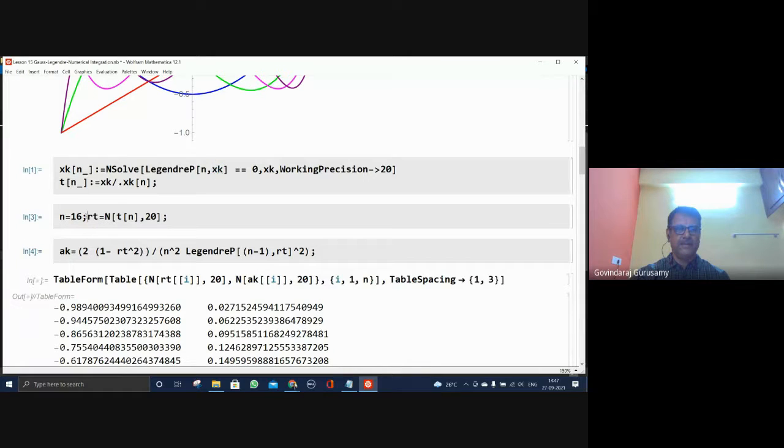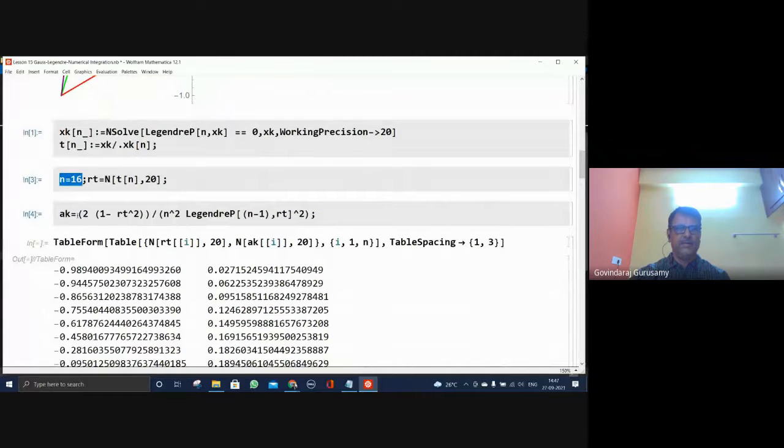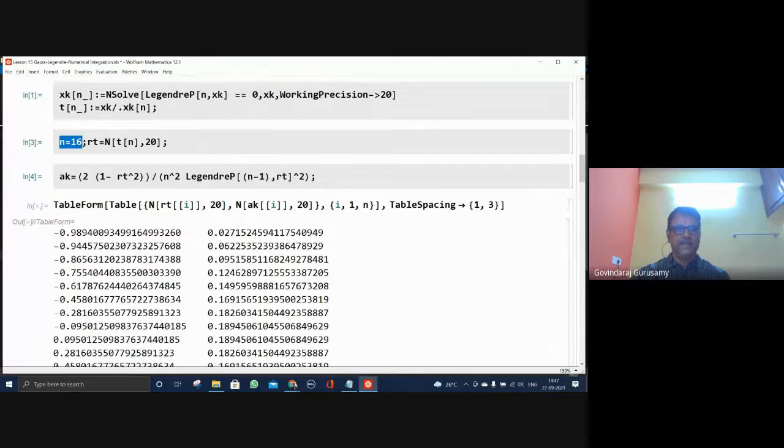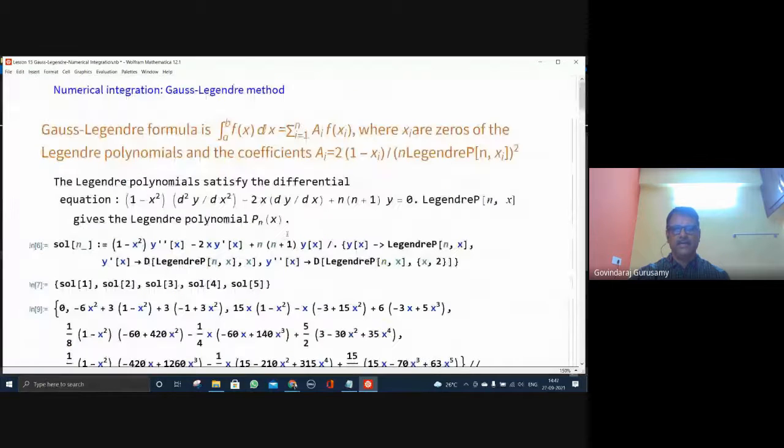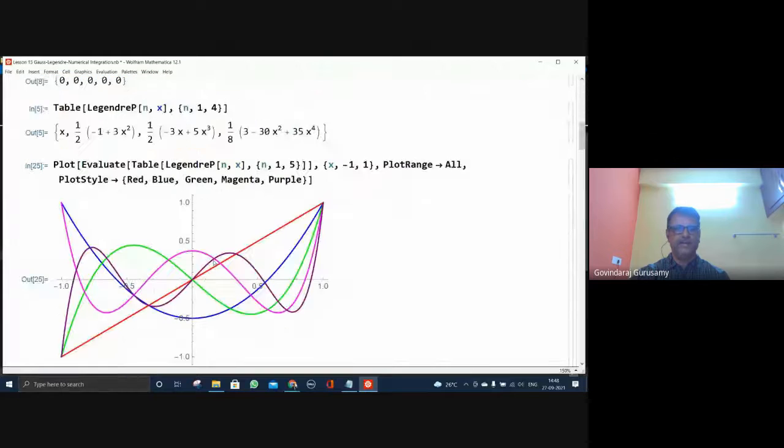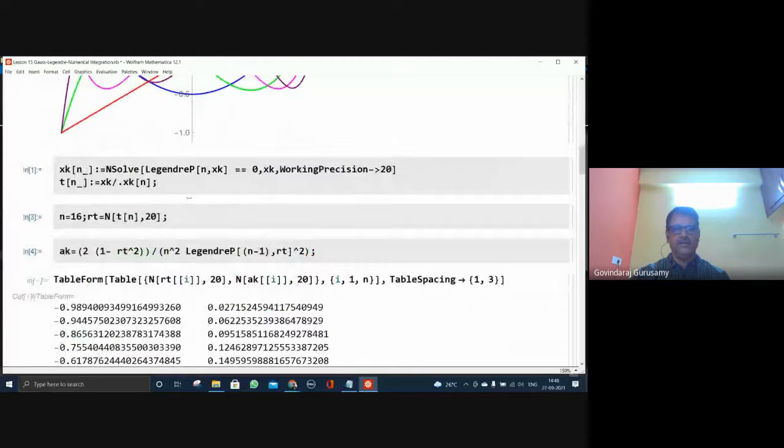For example, for n equal to 16, you find all of them, get those roots, and then use that to find the value of AK. The AK is given by this expression, which is already established. You can rewrite it also, that's not a problem.